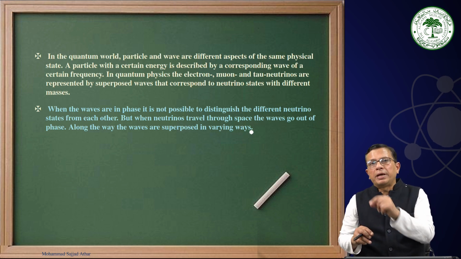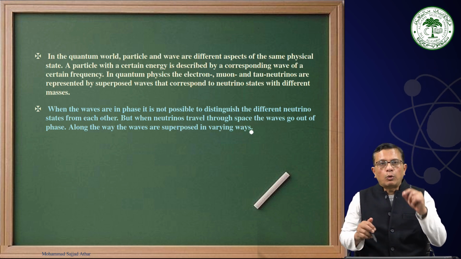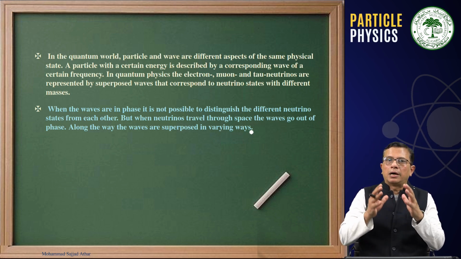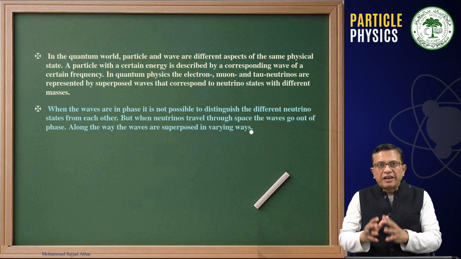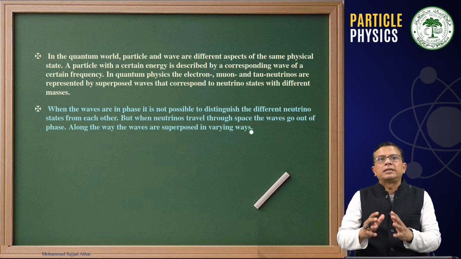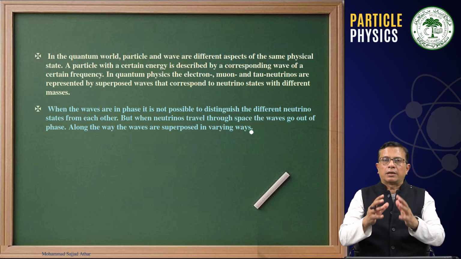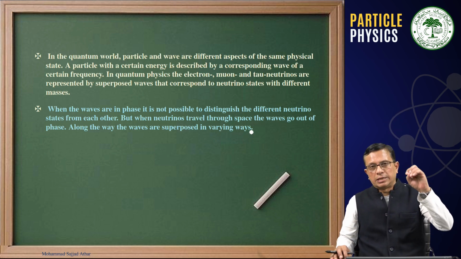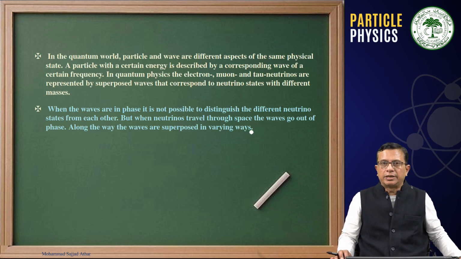The signature of nu mu will be a muon in the final state. Therefore, we have nu e, nu mu and nu tau as flavor eigenstates, and they are the production states obtained either through, say, pion decay or kaon decay, or inside the core of the sun, or at the reactors, or during supernova explosions.